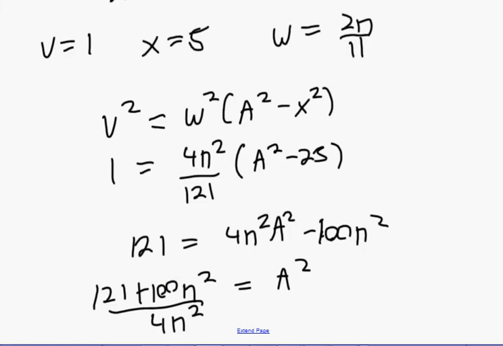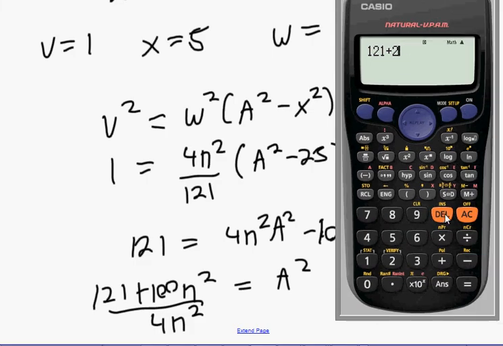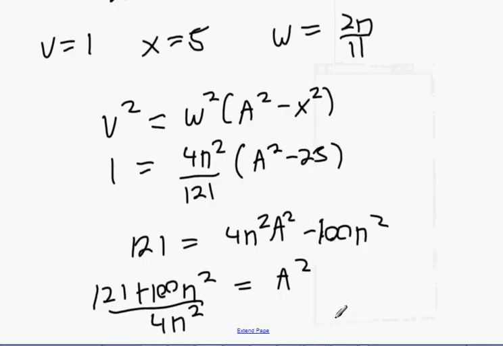Okay, so let's try this again. 121 plus 100 pi squared divided by 4 pi squared. Now you get 28.06. Square root the answer. 5.29 rounds off to 5.3. Amplitude is 5.3 centimeters.